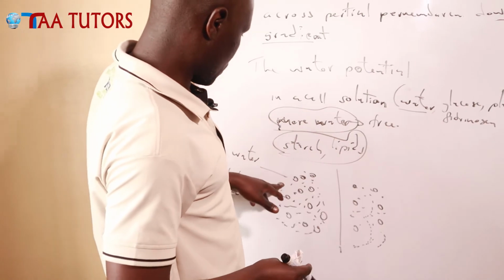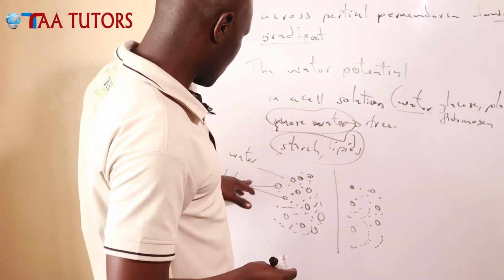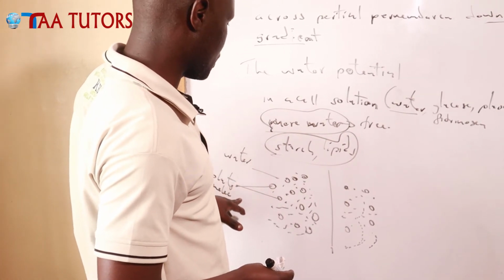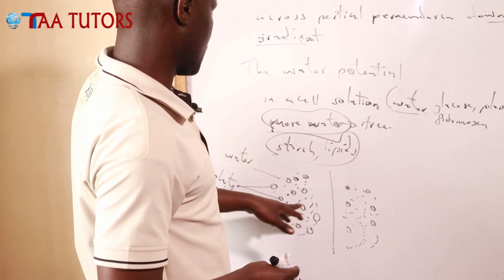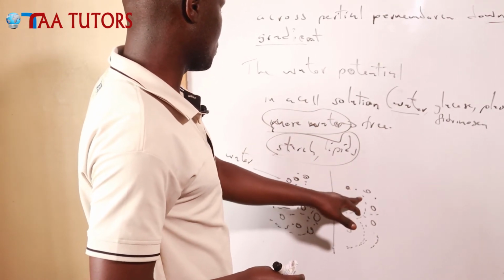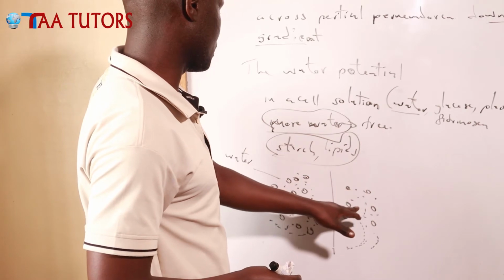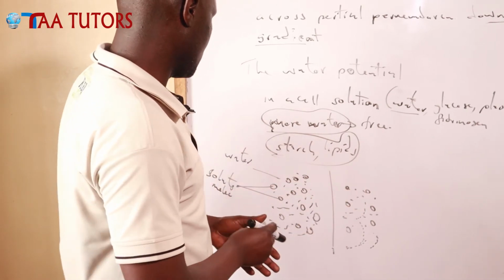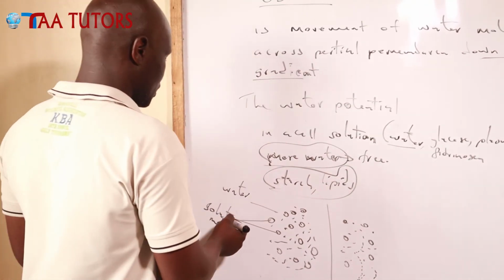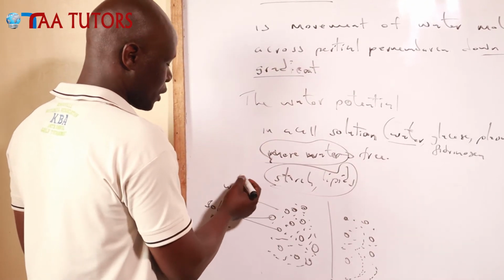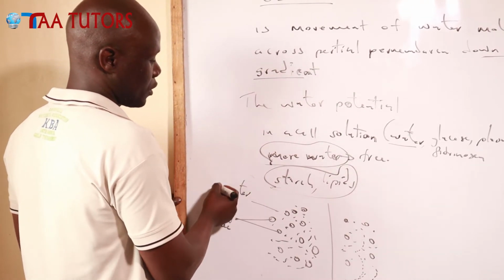So I look at it and I see that there is a lot of solvent molecule here as compared to this. So what type of solution am I really referring to in this particular case? This one here is a solution that has a lot of solute. So the water here is more fixed.